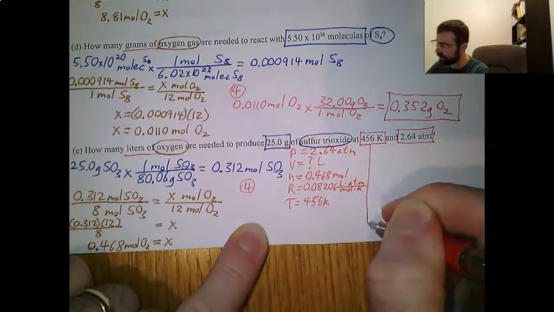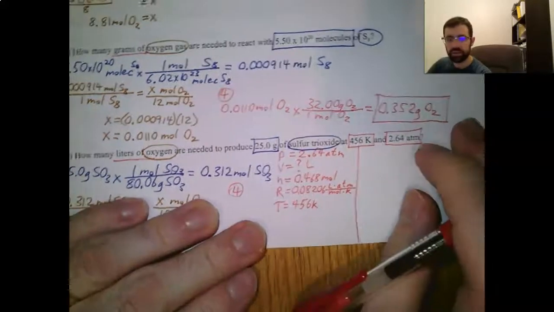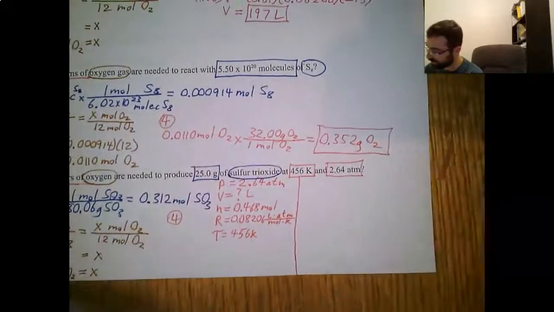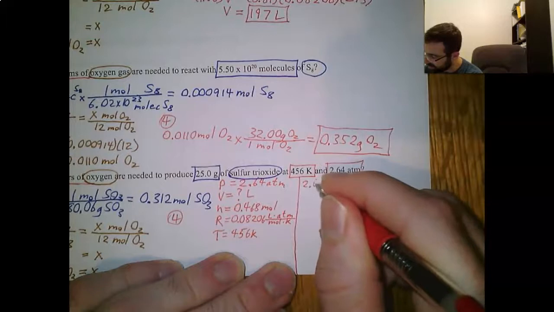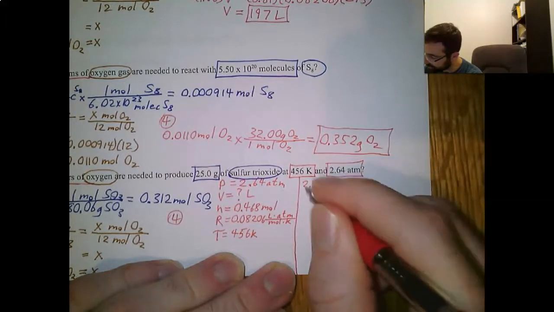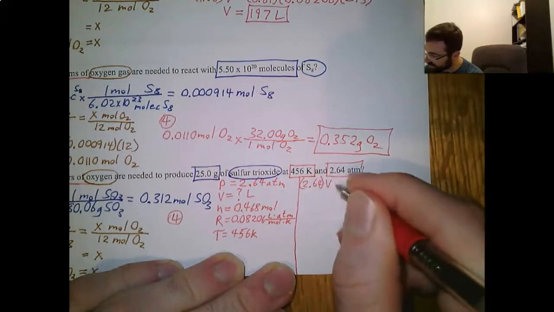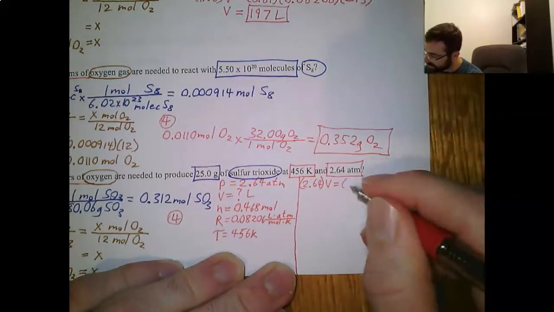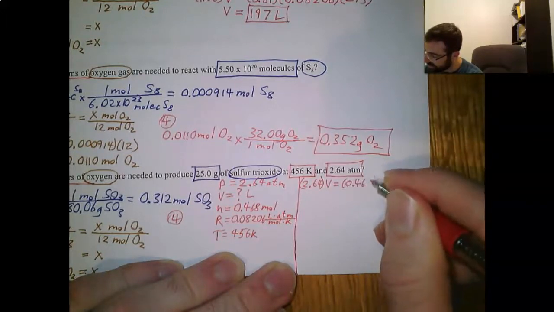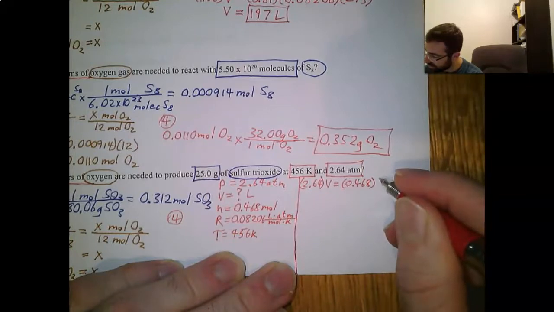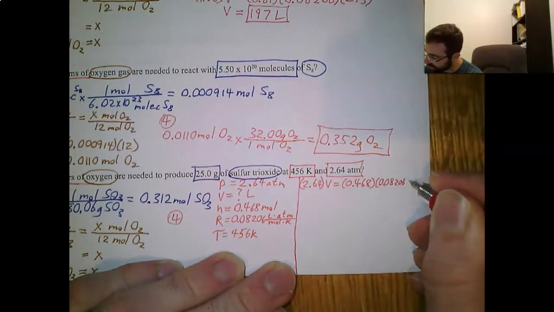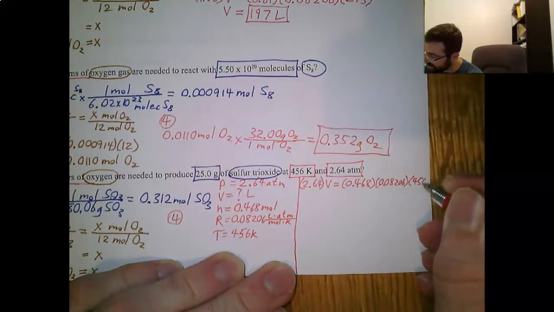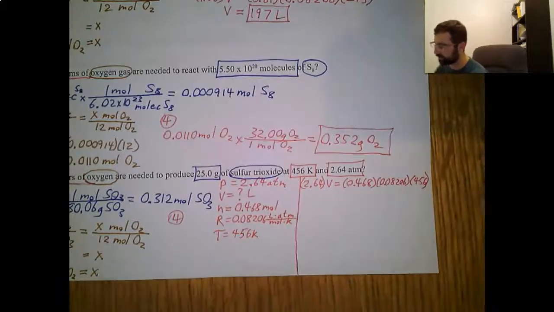Okay, now let's solve. PV equals nRT, and I'm looking for V. So I have 2.64 V equals 0.468 times 0.08206 times 456. It's kind of tight, but we can do that.